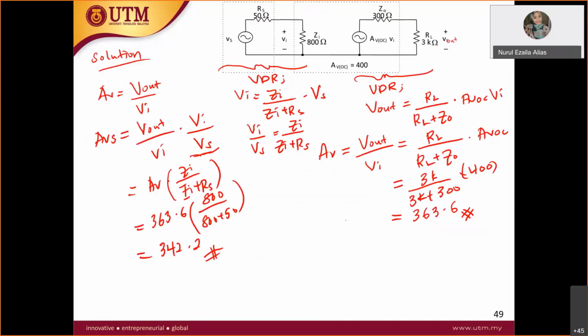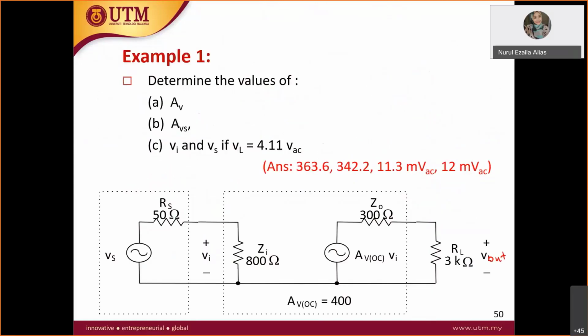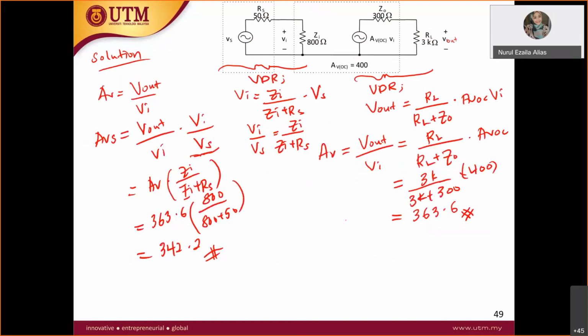Let's take a look at the next part. They ask you to find V in and also VS, while they give you the value of VL, which is actually your V out, equal to 4.11 VAC. So your answer will be in terms of VAC. I'll use a different color to differentiate.